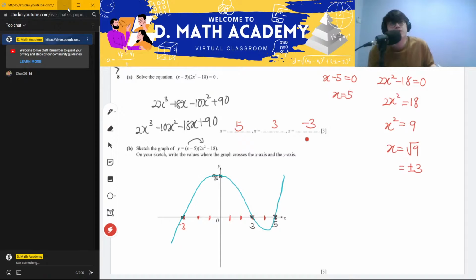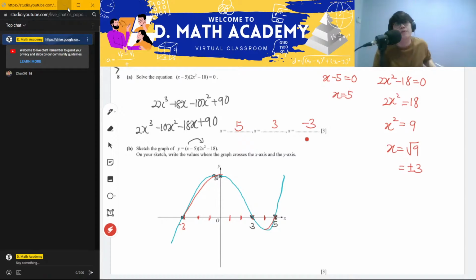So this is how the graph looks like. If I were to deduct marks, it would be here because it was a bit crooked, and also this part, a bit off, the extra parts there. That's how they nitpick on your graphs.